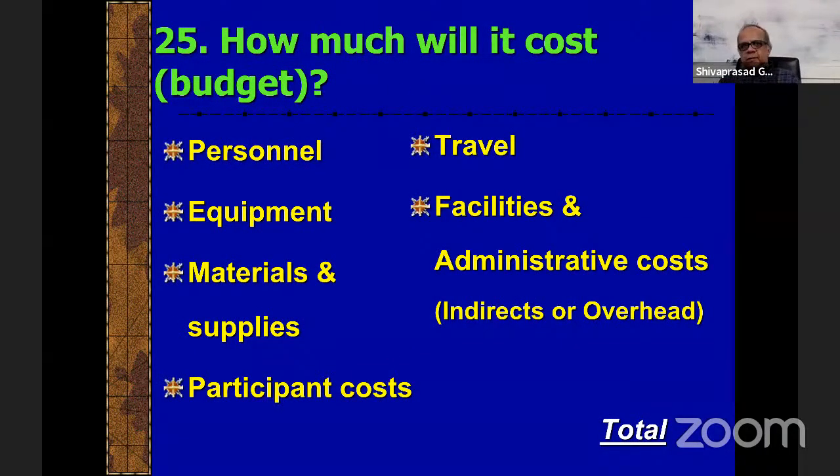And then finally, what's the bottom line? How much is it going to cost to do the study? Personnel: there is one major difference that you need to understand between studies funded by the Government of India versus studies funded by international agencies, whether it is WHO or Gates Foundation or NIH or any other international funding agencies.